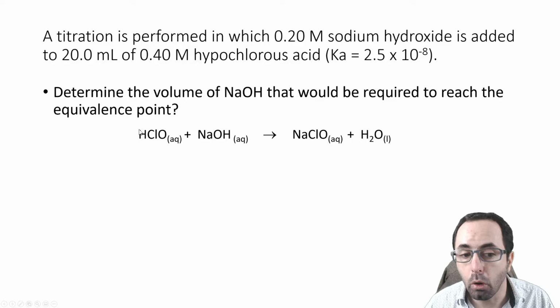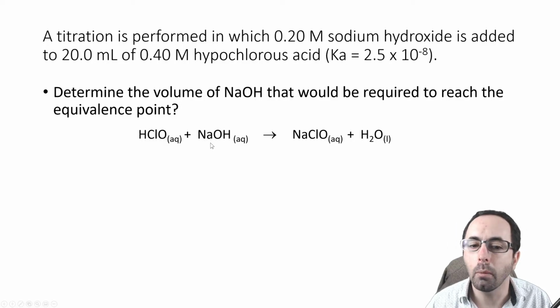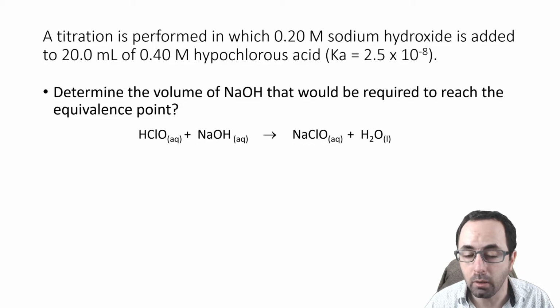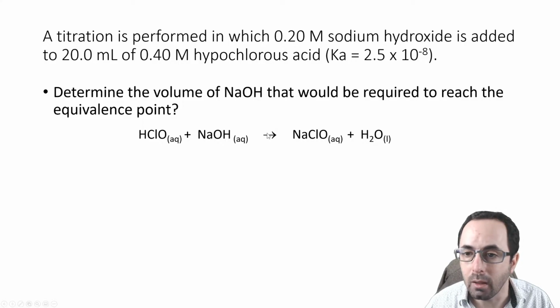Then we're going to use our molar ratio. 1 mole of hypochlorous acid reacts with 1 mole of sodium hydroxide. And then we'll know how many moles of sodium hydroxide. Finally, we'll use the molarity to convert the moles to how many milliliters of sodium hydroxide will be needed.